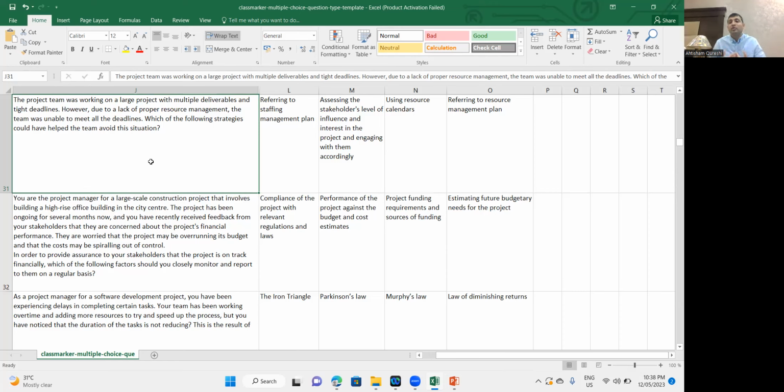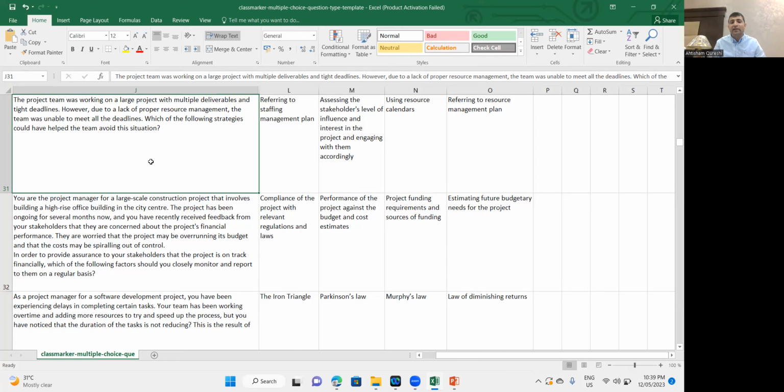Maybe they have stress, maybe they have family issues, or maybe work issues, so you would have managed those issues well, so the resource could have focused more on the work, right? So missing the deadline could be because of workload, stress, unavailability, demotivation, many reasons.